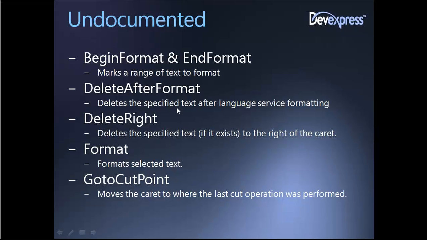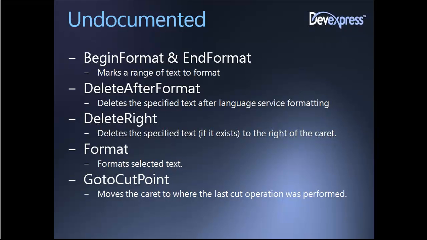So delete after format deletes the specified text after the language service formatting is called. We found this useful in HTML because in certain versions of Visual Studio, the HTML language formatting was destructive. If we left white space to put a marker at the end of that, the formatter would remove the leading white space even if there was nothing on that line.